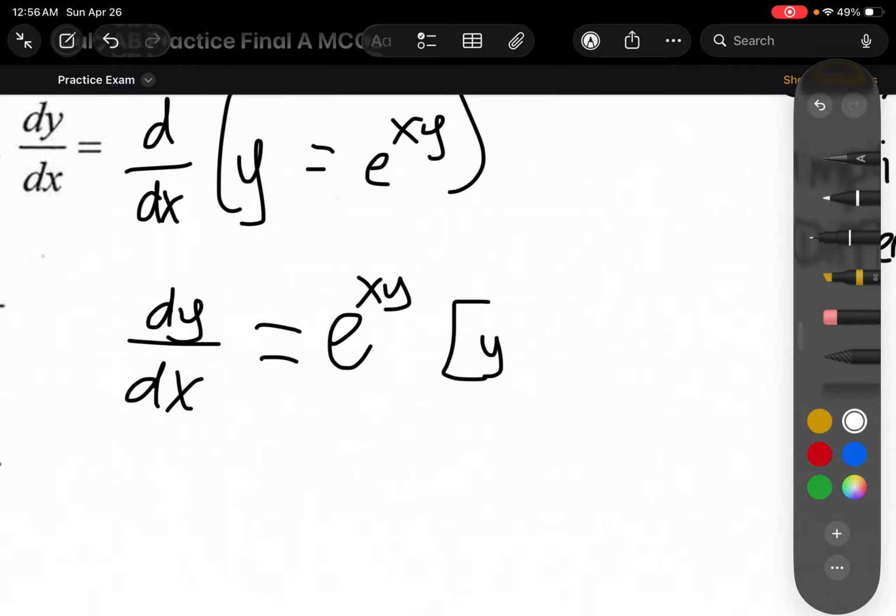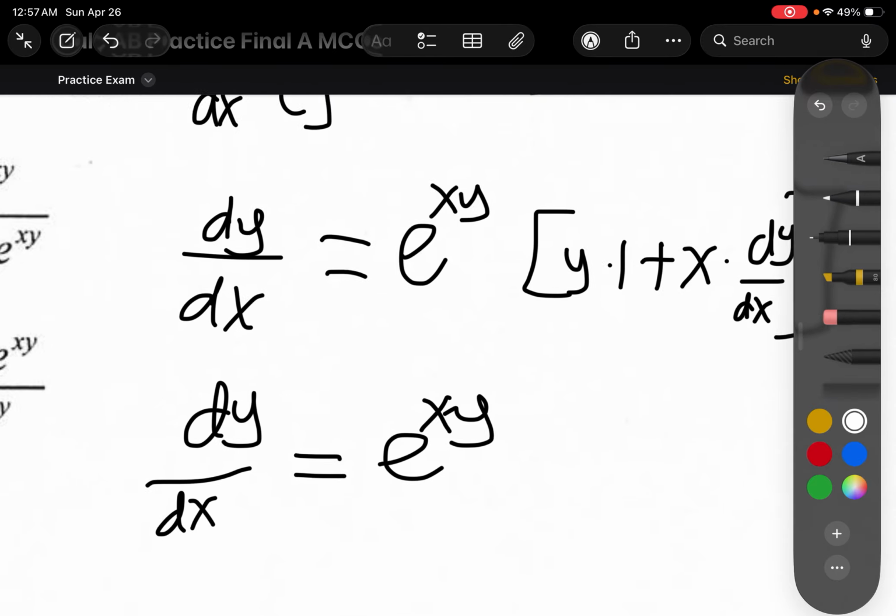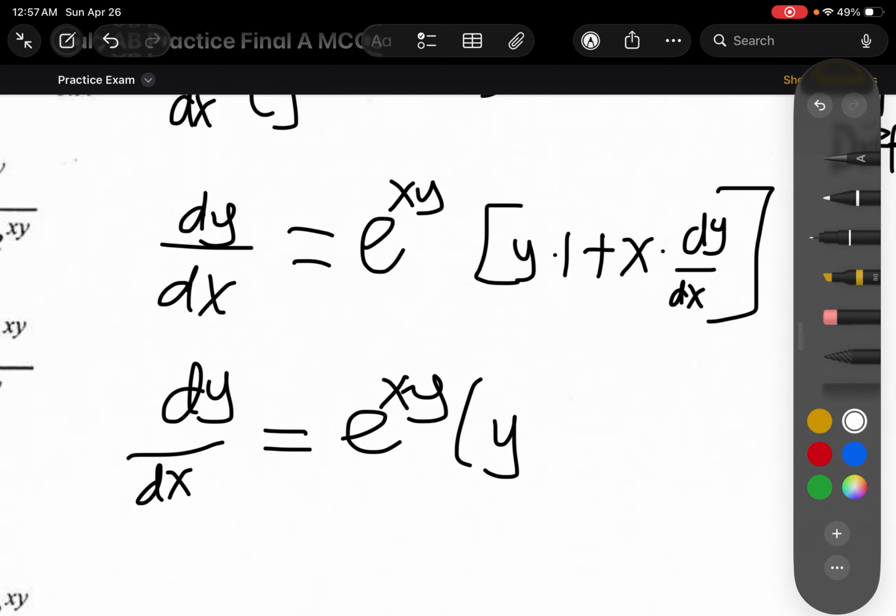Right, which is y, times the derivative of x, which is 1, plus the left, which is x, times the derivative of y, which is just 1, but we're doing it with respect to x, so it's going to be dy/dx. This is really messy, so let's clean everything up. dy/dx equals e to the xy times (y plus x dy/dx).